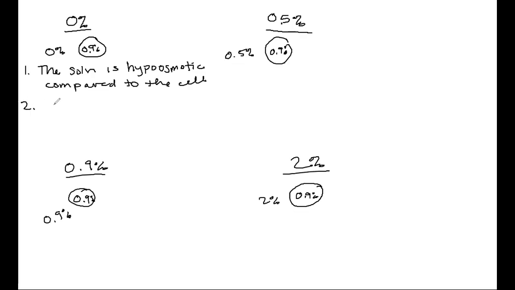Then the next way to describe this is we can talk about the cell compared to the solution. So the cell, what is the particle concentration for the cell? The particle concentration for the cell is hyperosmotic compared to the solution. So you can write that as well. The cell is hyperosmotic.